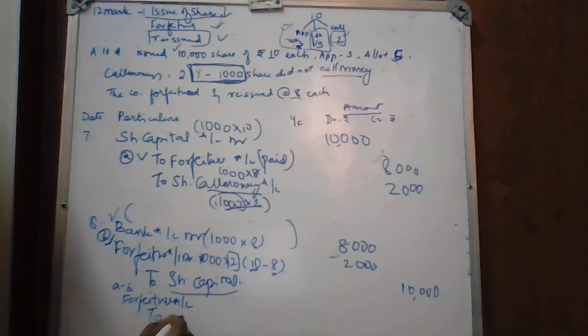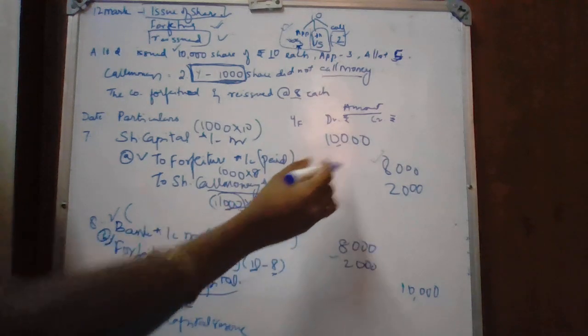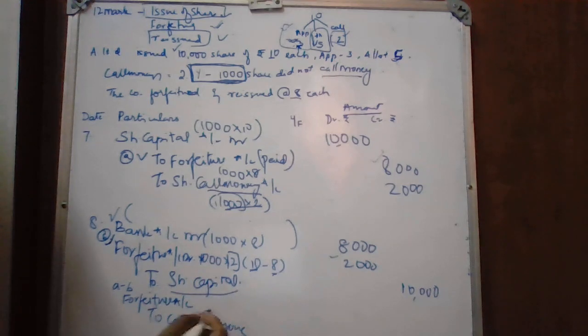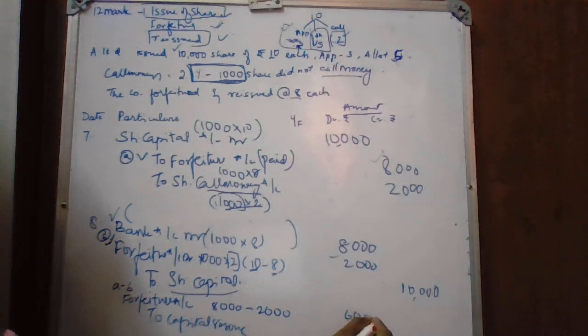So, forfeiture account debit to capital reserve. Any excess in forfeiture that is paid versus discount will be transferred to capital reserve. It shall be 8,000 minus 2,000. That shall be 6,000.